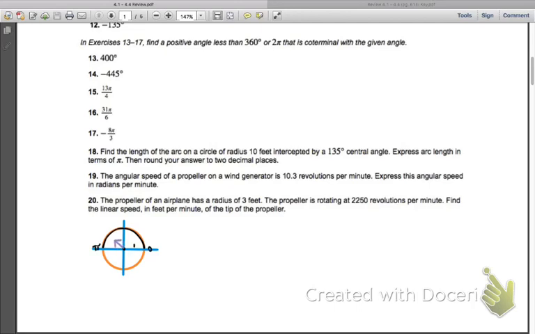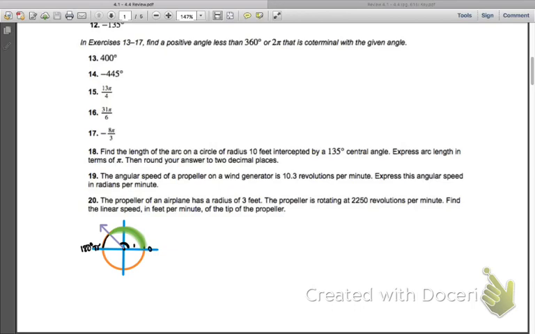So we have an angle that goes basically through here, and it's 135 degrees, right? Okay. So if it's pi, or 180 degrees, just for the semicircle, what portion then, if it's 135 degrees, how could we figure out what the length is if it's a 1 foot radius?